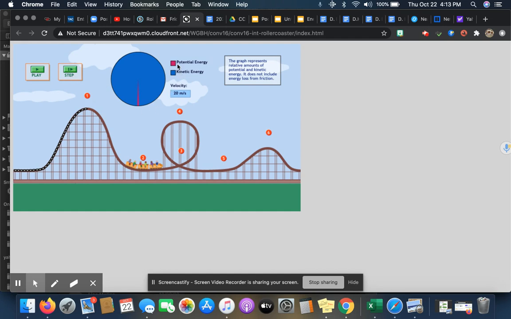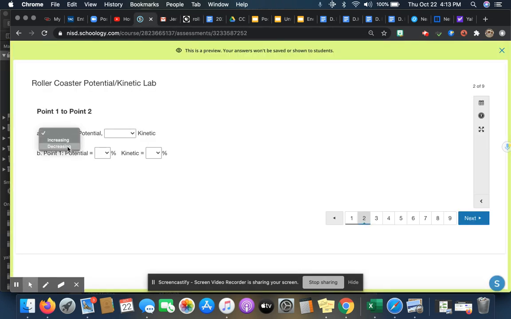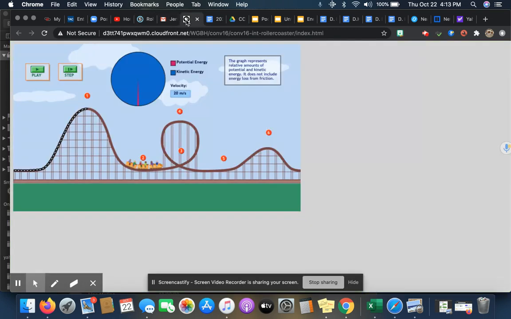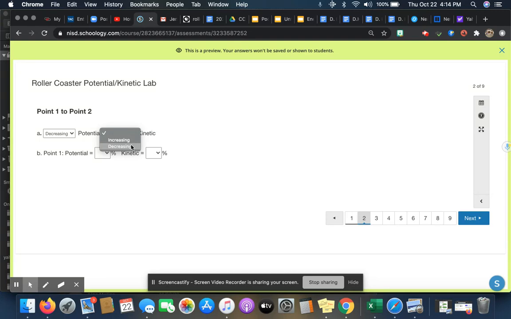It went from pink, so it was at 100% potential, to kinetic. So was my potential increasing or decreasing? If you look at the pie chart, it was becoming less and less pink. Therefore, it is decreasing in potential, and my pie chart became more and more blue, so it's increasing in kinetic.